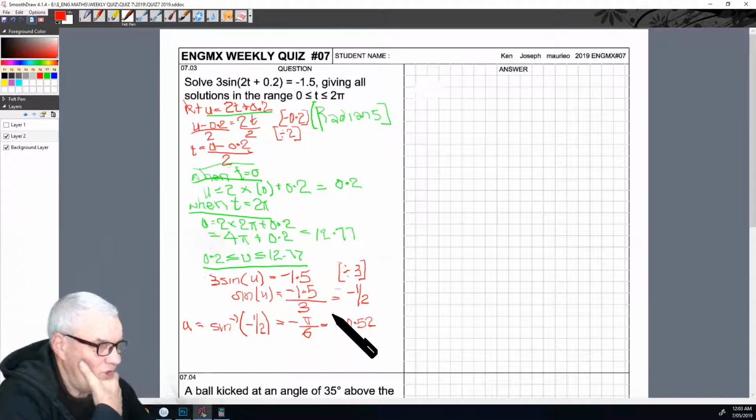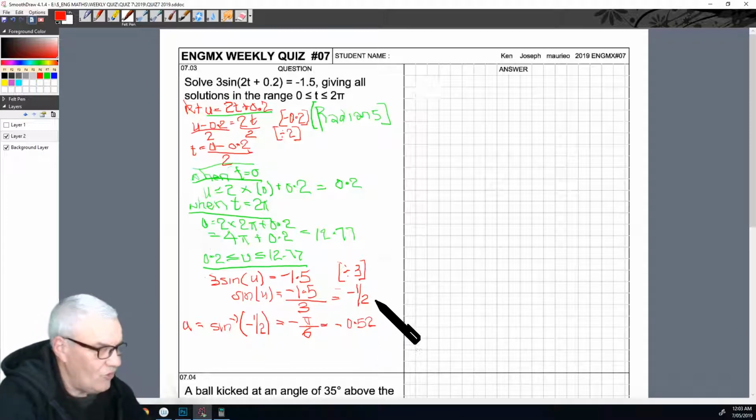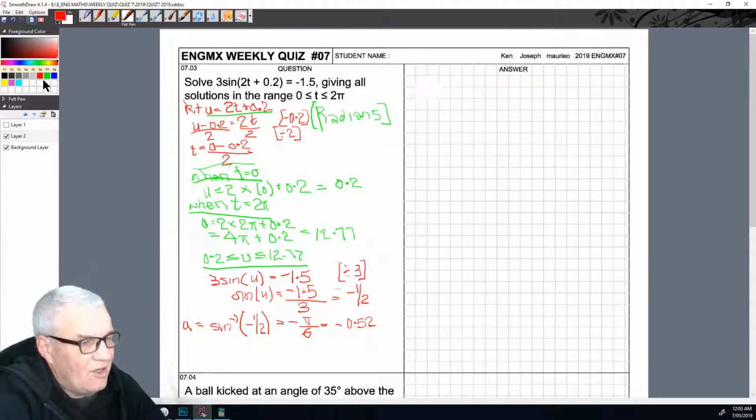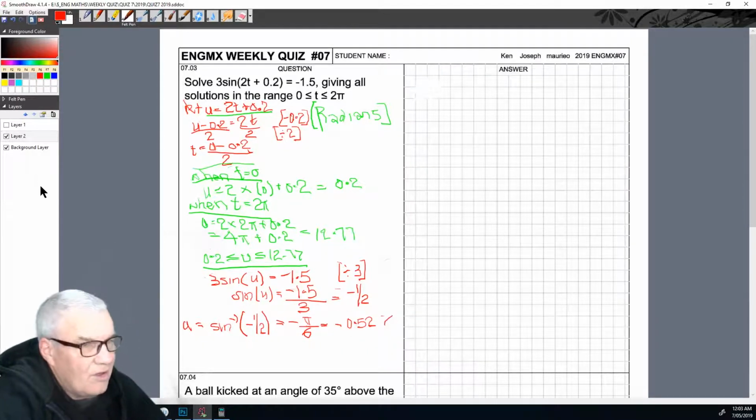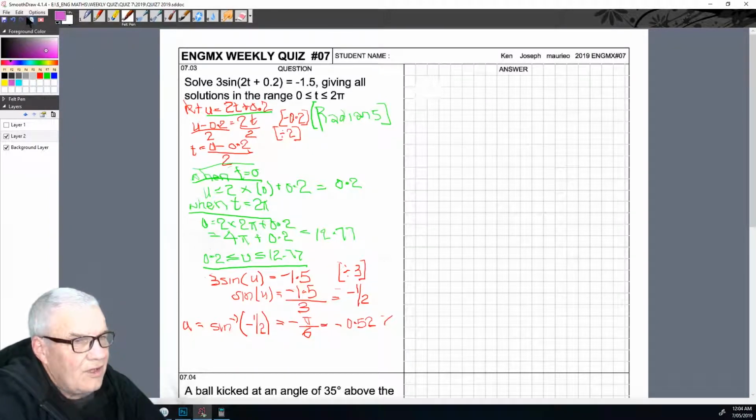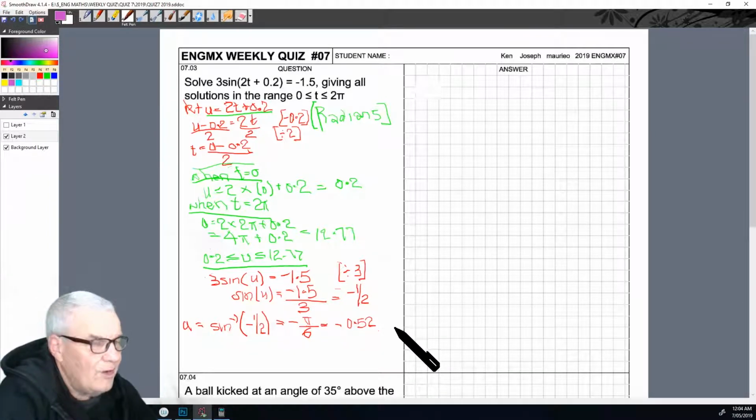Now we can see here that for u, that's outside the range, so that one's not going to be much good to us because it's not in the range of u.